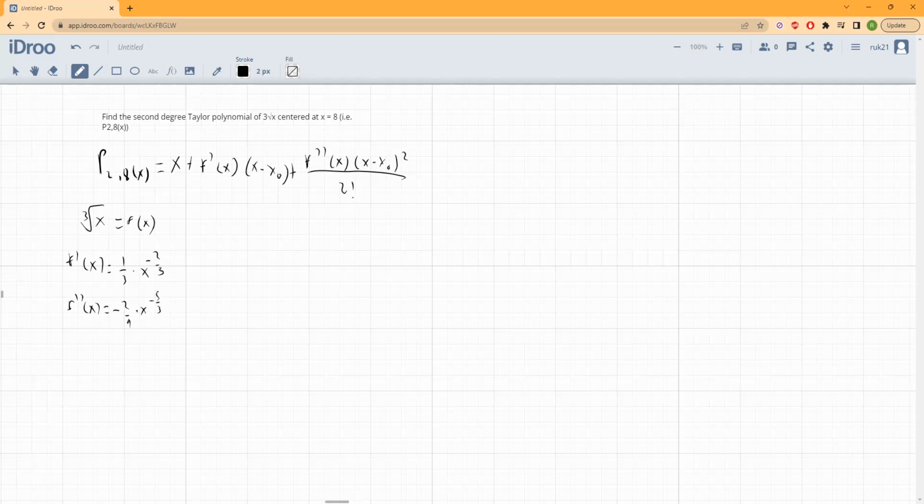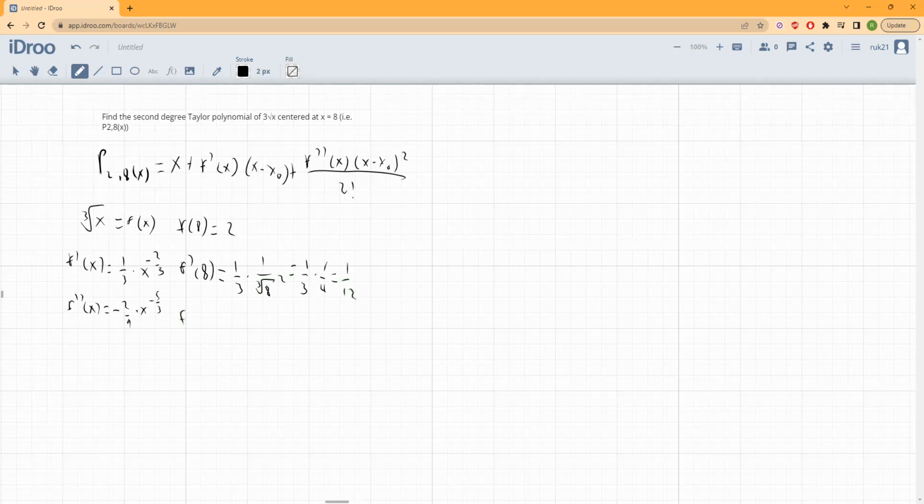Because we're centering around 8, we have to evaluate these at x equals 8. So f at 8 is equal to 2, since the cube root of 8 is just 2. Then f prime at 8 is equal to 1/3 times 1 over cube root of 8 squared, which is 1/3 times 1/4, which is 1 over 12.